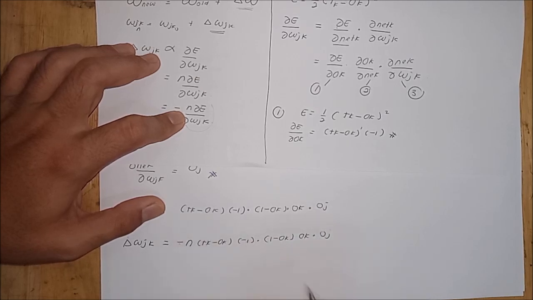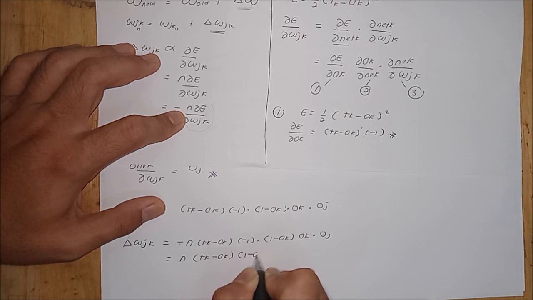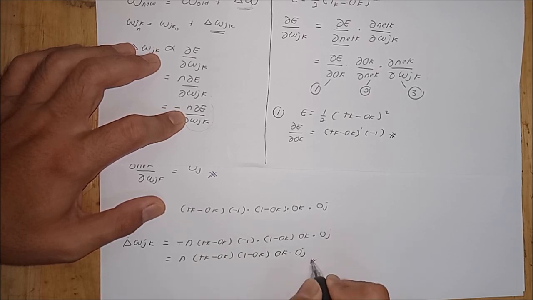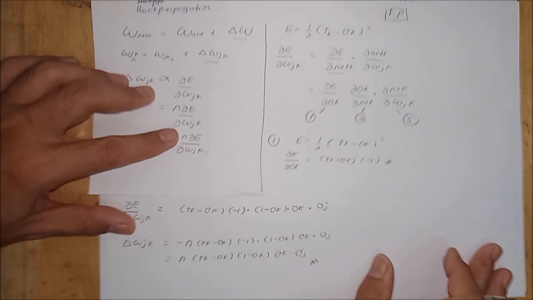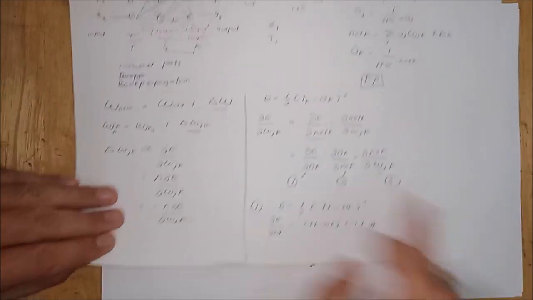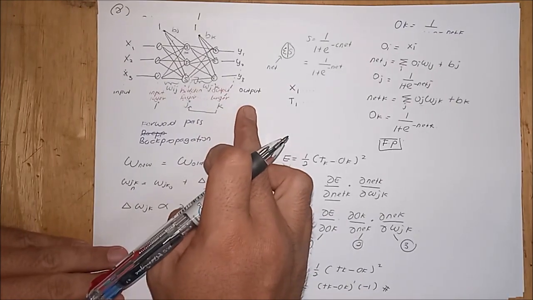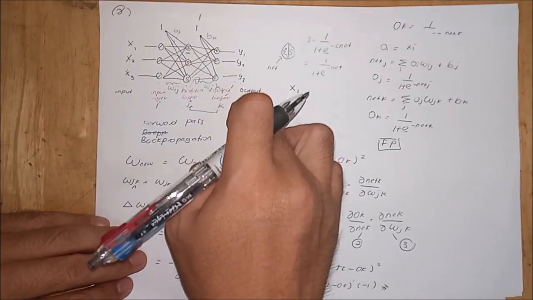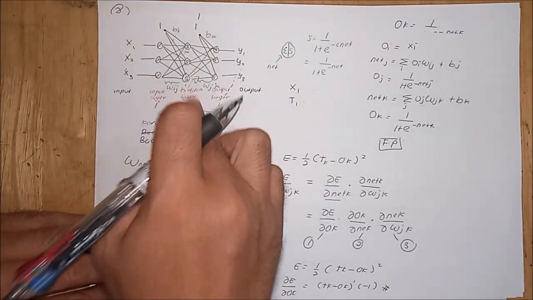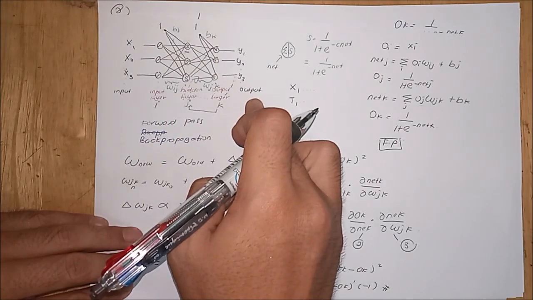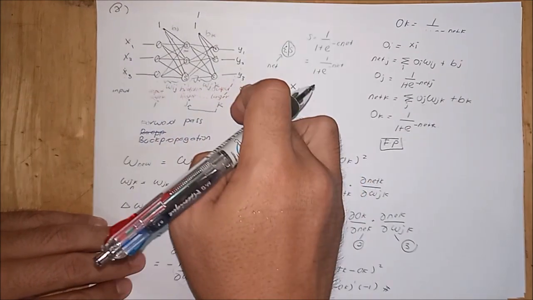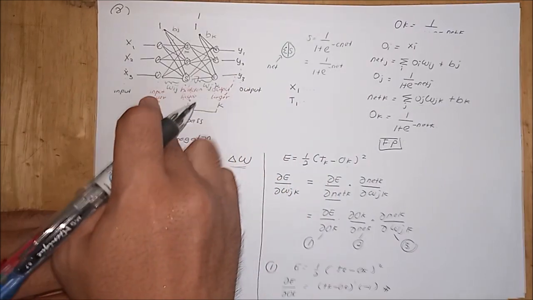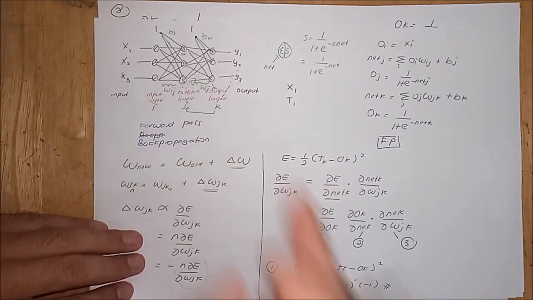So this is negative, so all the things will become positive, and it is (tk minus ok) times (1 minus ok) times ok times oj. So we are settled to derive the first part of the backpropagation algorithm, starting from the output layer to the hidden layer. The next part is we will feed back from the output layer straight away to the hidden layer process.